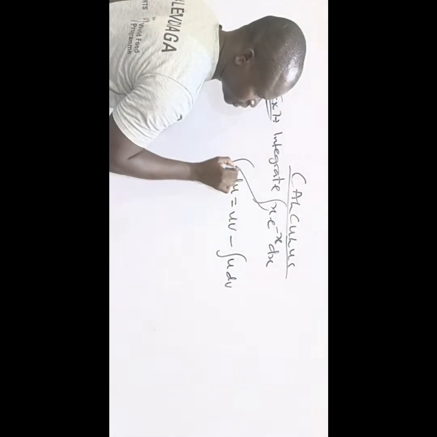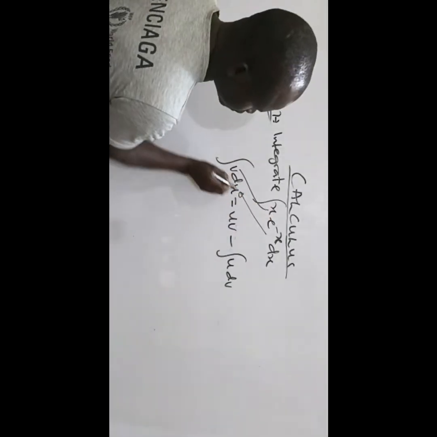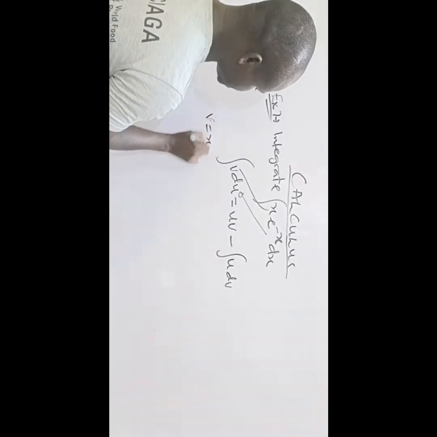You call one v, the whole of this one will be du. So if we do that, we can go ahead when we say x is equal to v, we can find the v. We're going to get the value for the v. Okay, so this is what we are trying to say. Any question you are given, write it in this one, so that you realize that v is equal to x.